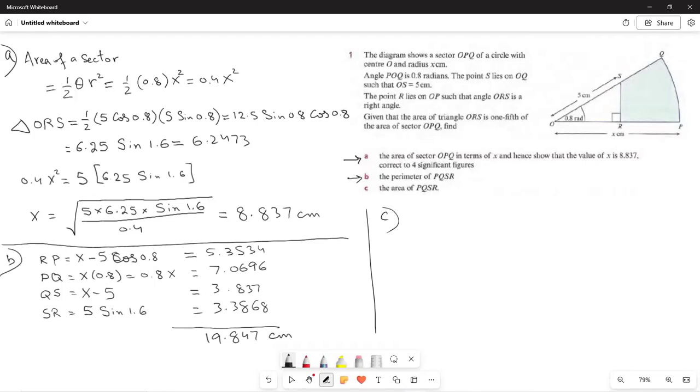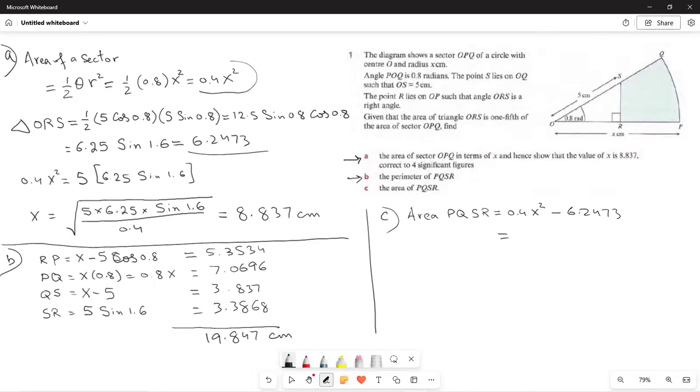So area PQSR is equal to the total sector's area, 0.4 x squared, which we have calculated here, minus the area of the triangle ORS, which we calculated over here, 6.2473.